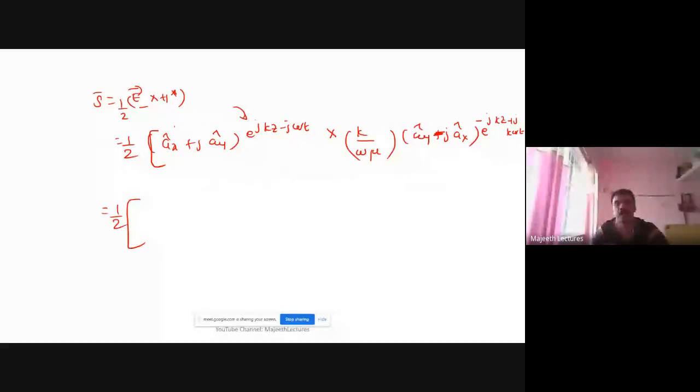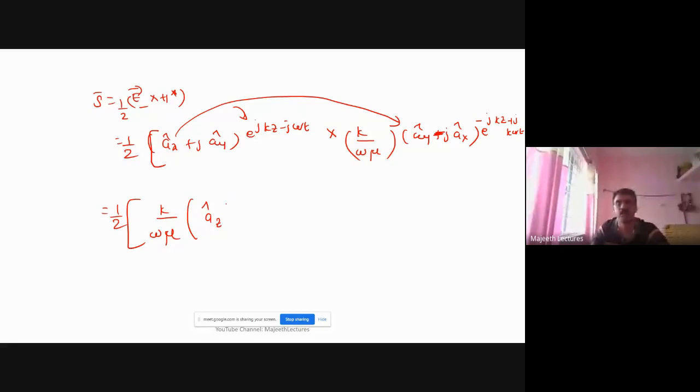First I multiply this one. The constant k by ωμ is a constant. So ax cross ay, ax cross ay is az. The remaining things I keep as it is, some factors. If you multiply ax with this, it will be minus, it will be plus, so opposite, it will become 0.